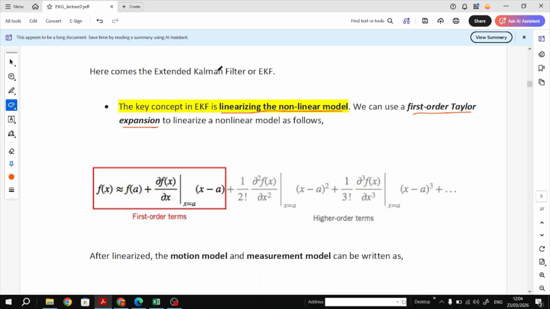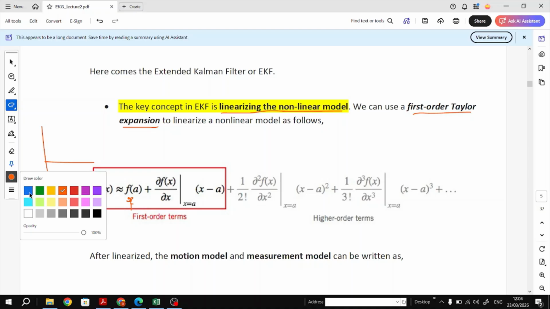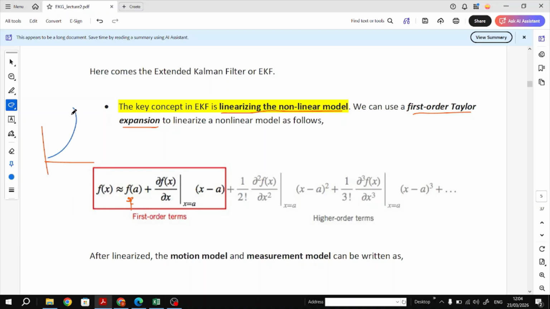For example, in general, if we have a function f of x, we can linearize this at a point A. Let's say we have this function which is nonlinear.